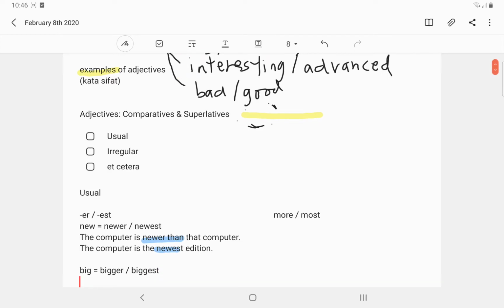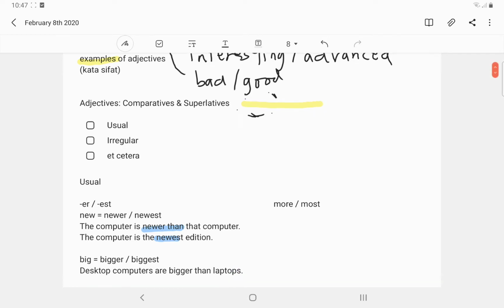Contoh dia adalah desktop computers are bigger than laptops. Ataupun lagi satu, desktop computers are the biggest computers.